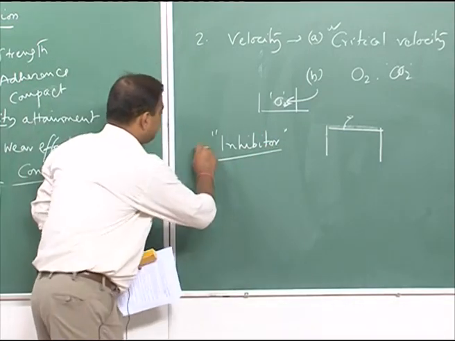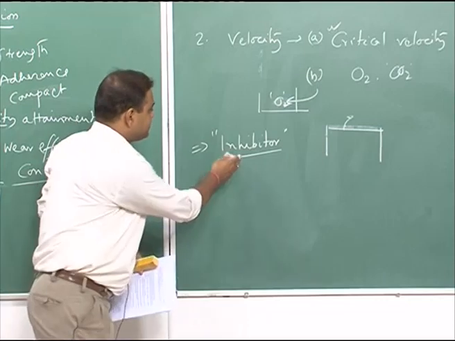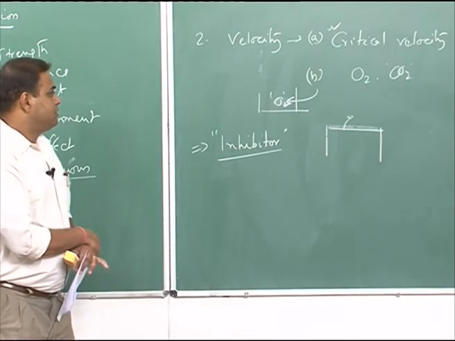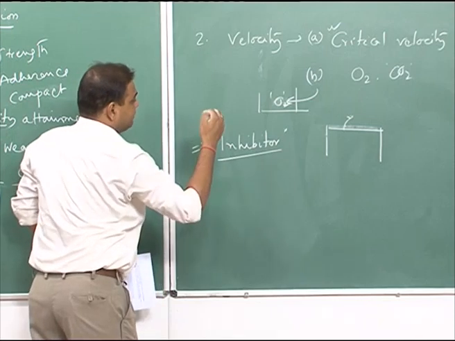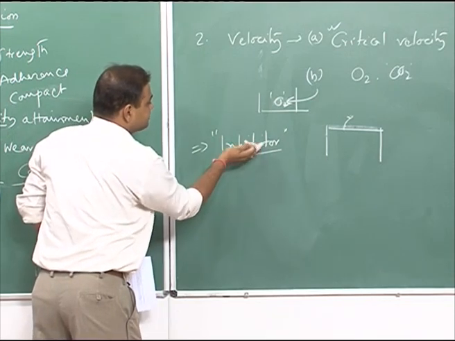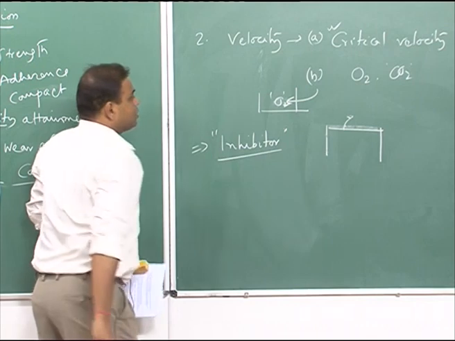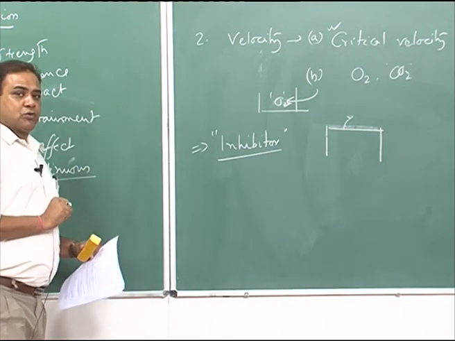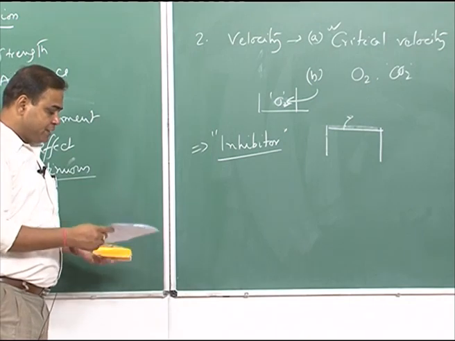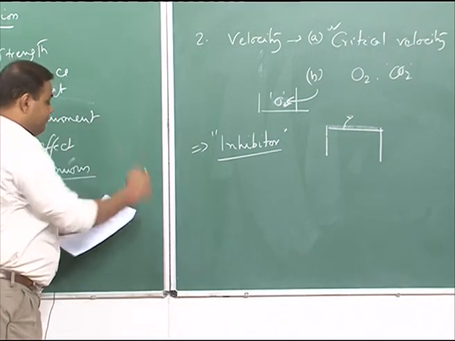So inhibitor can reduce the corrosion rate, and that is happening because of the velocity, as the moving liquid transports the inhibitor to the section where we have more corrosion, and the inhibitor will try to control the corrosion rate. Now, this is basically the velocity effect.